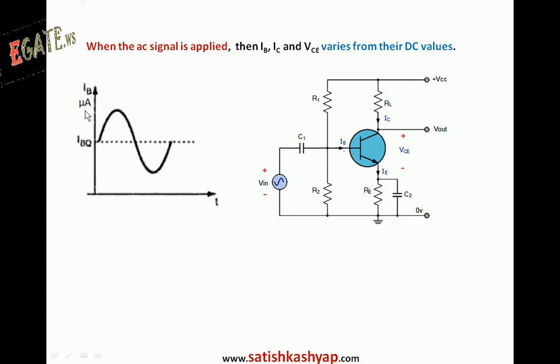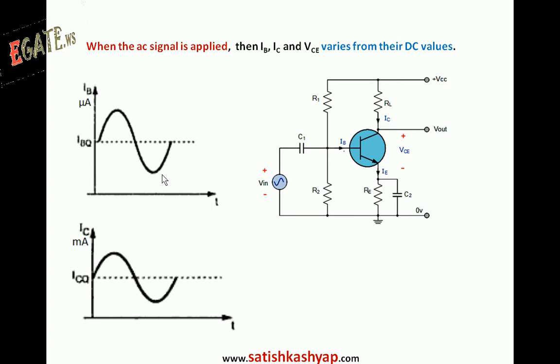So now the base current changes from its DC value, that is IBQ, in this manner, and IC is a direct function of IB, so IC also increases and it maintains the same waveshape as IB, like this. The only difference is IB will be in microamperes and IC will be in milliamperes.